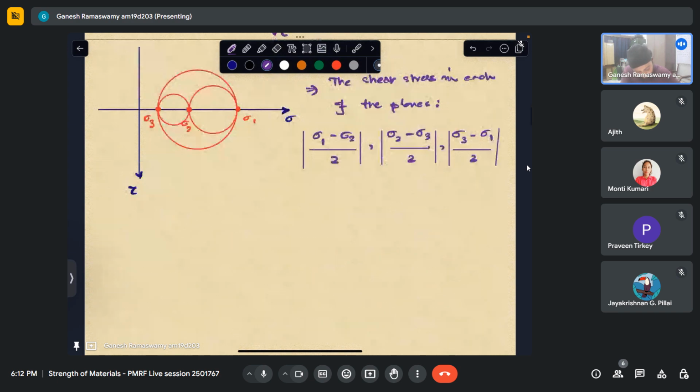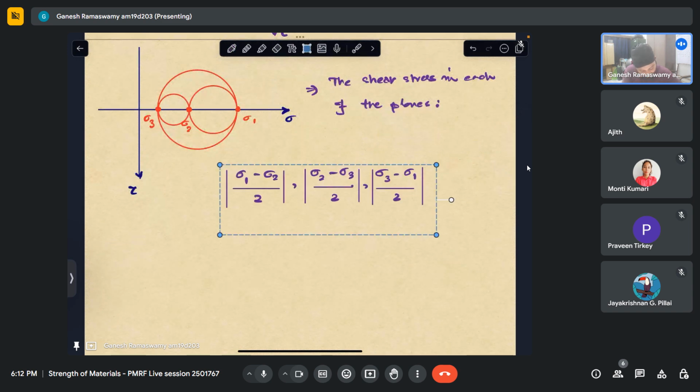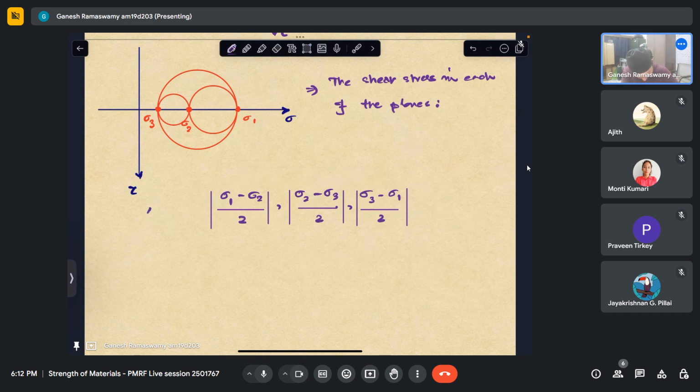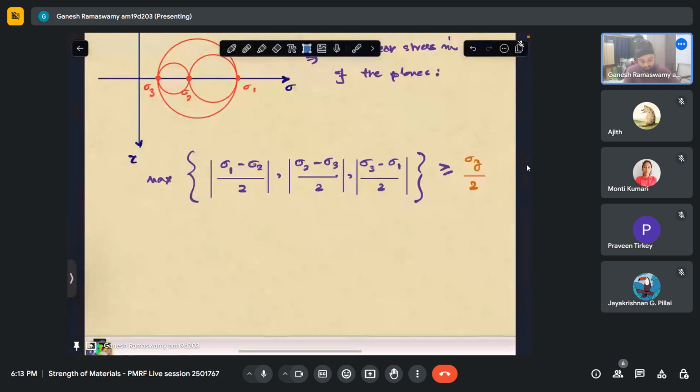Now, which will be the most governing of these? We actually have to take the maximum value of these three. And when this exceeds what happens in the case of uniaxial tension, we deem our material to have failed. So we have the working stress here, the sigma 1, sigma 2 and sigma 3 being a function of the working stress, that is the stress that is applied on the actual component.